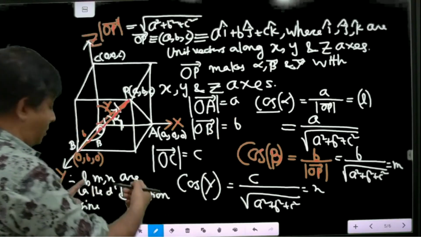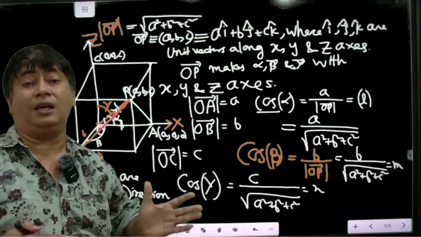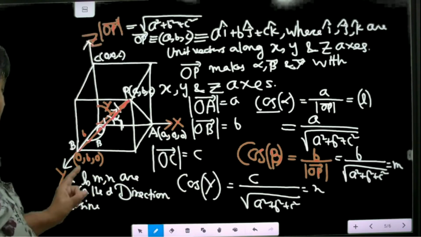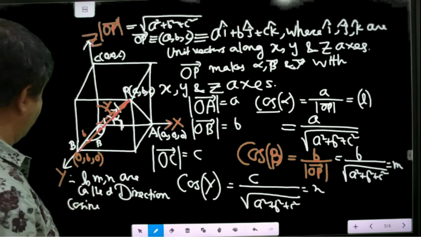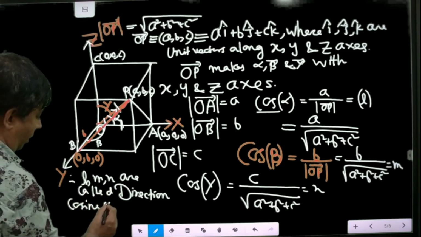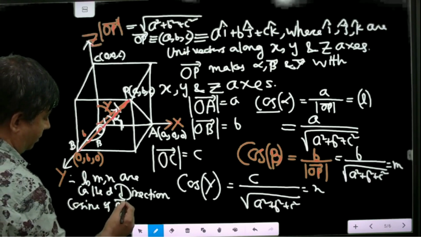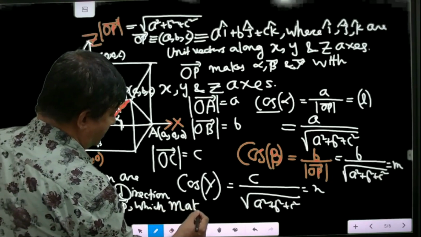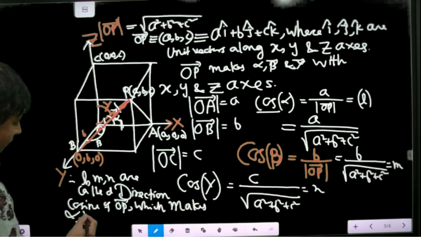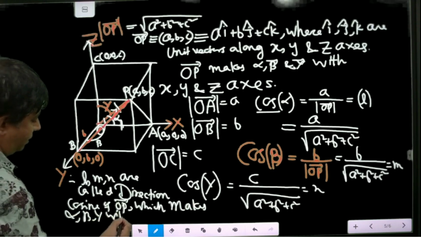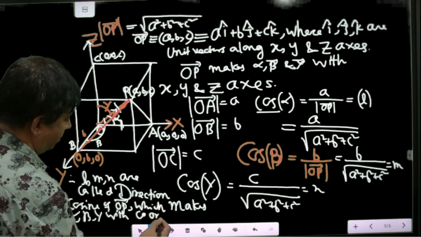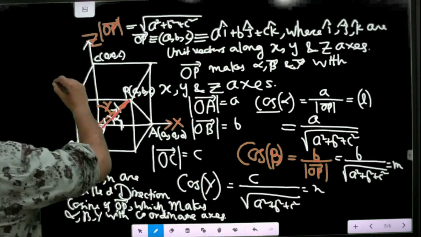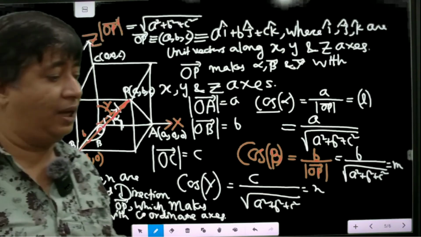From cos we get cosine. It actually implies the direction of OP. Okay. Now the element is called direction cosine. Direction cosine of OP, which makes alpha, beta, gamma angles with the coordinate axes. So that is called direction cosine.